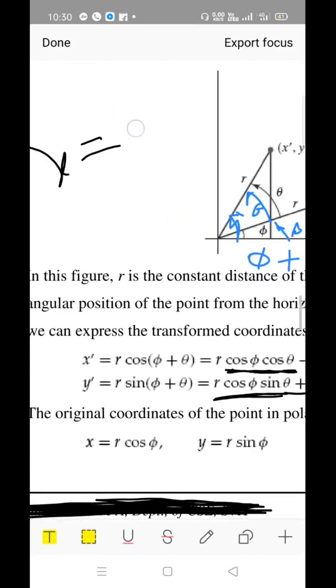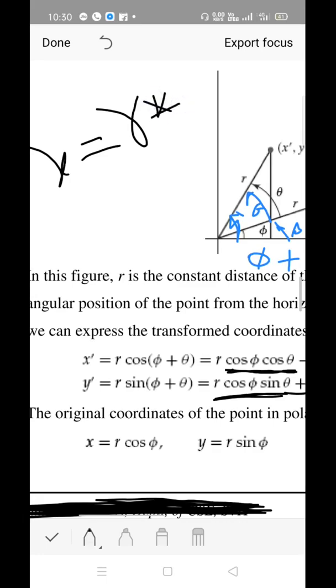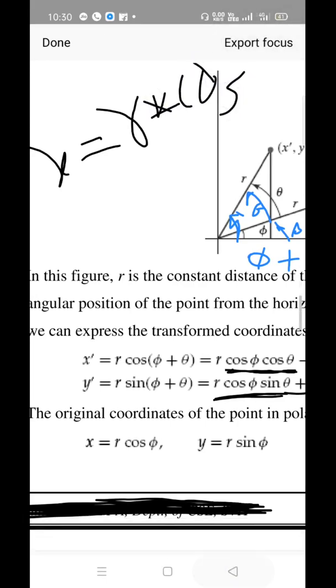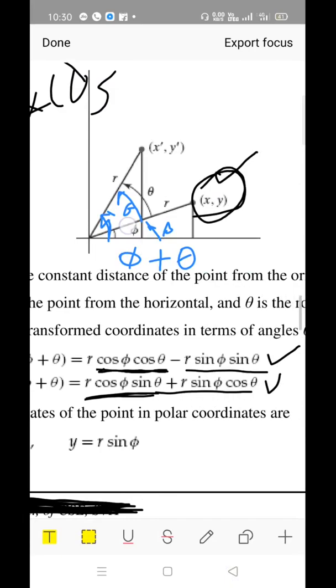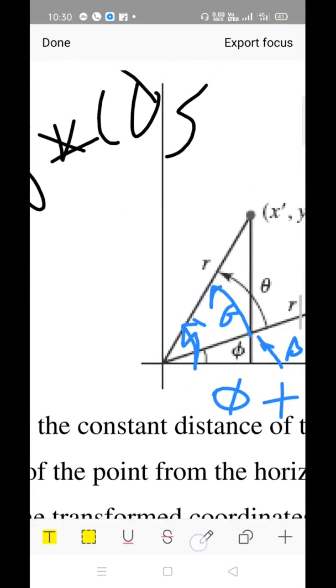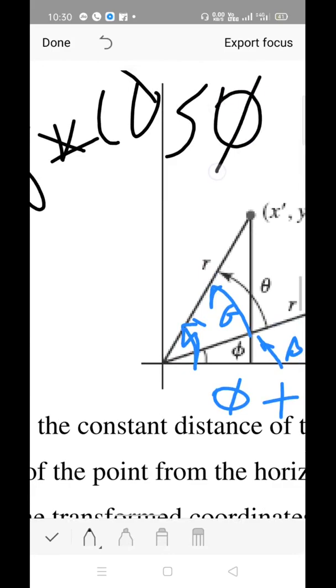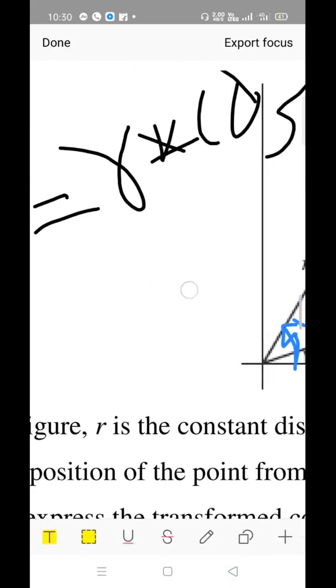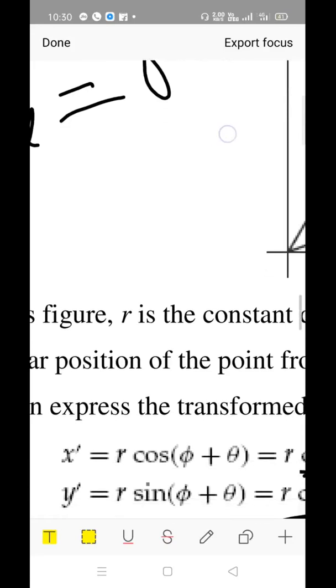Hypotenuse is r, r into, so which parameter is to be considered? Cos parameter is to be considered. Cos of what is the angular displacement? Check. So you are talking about x. What is the angular displacement? Phi is the angular displacement. Hope it is visible, isn't it? X equal to r into cos phi, that is r cos phi.